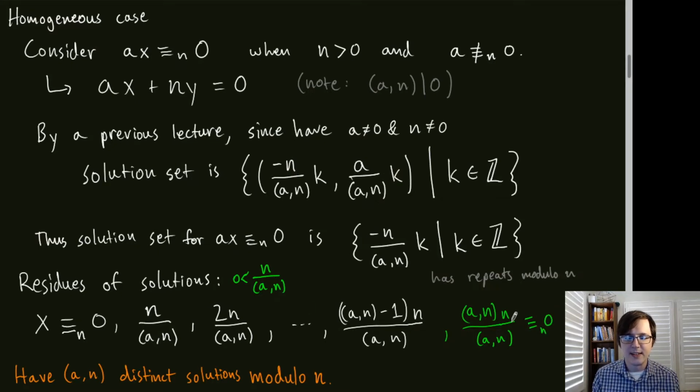So these numbers that we get, these residues of solutions, wrap around. So we're just left with these numbers. So the GCD of a and n counts the number of solutions, and these are them.